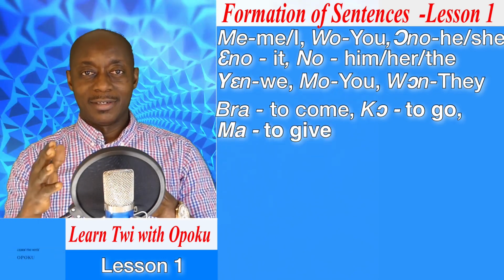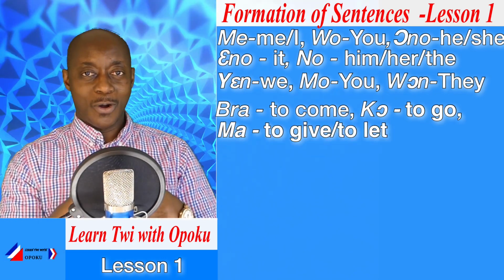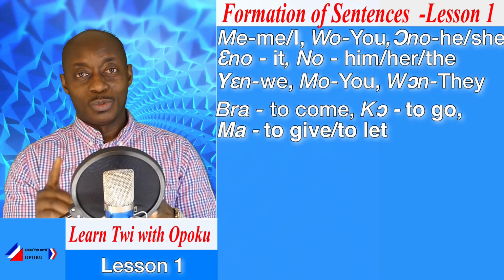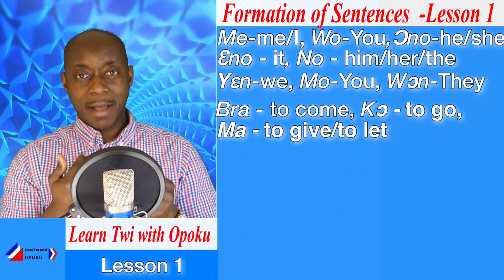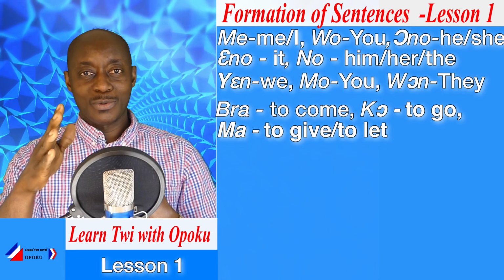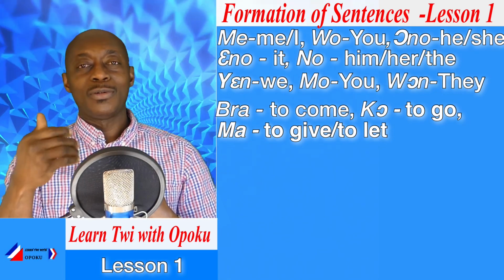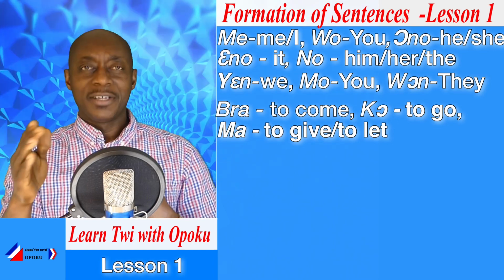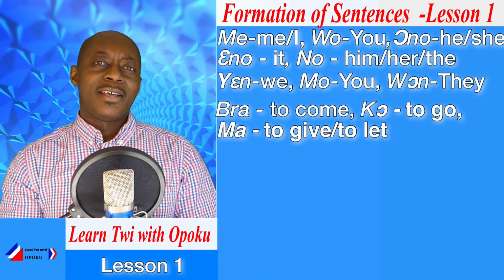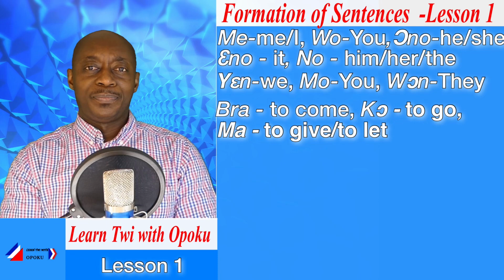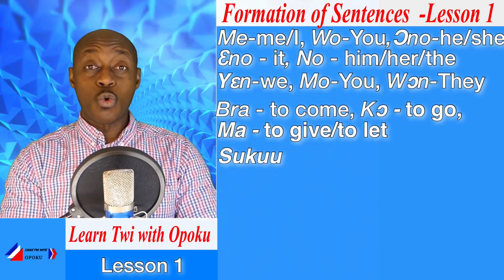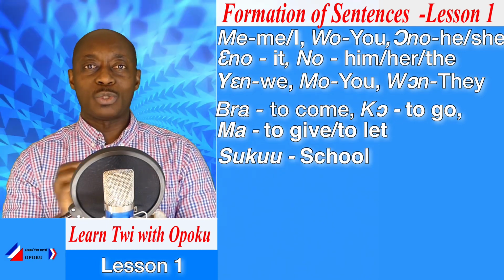Ma, to give or to let. So we have bra, to come, ko, to go, ma, to let or to give. Then let's take one noun, which is what? Sukuu. And that will be what? School.